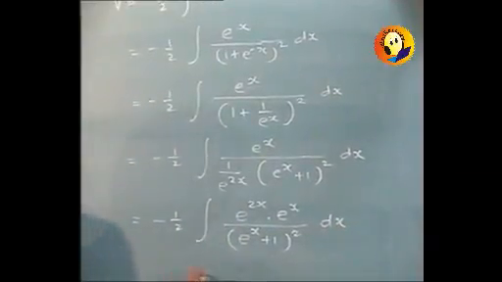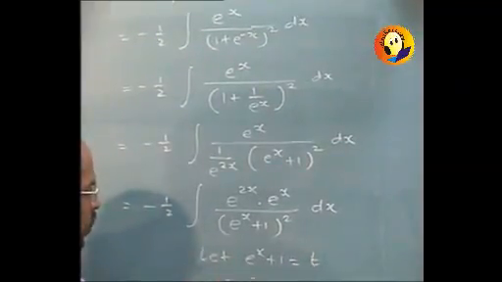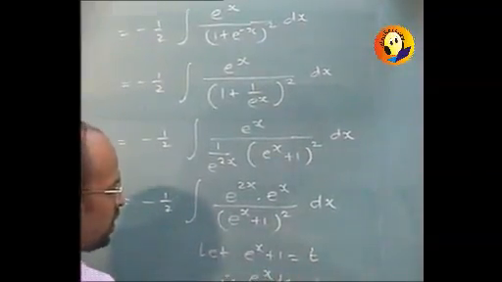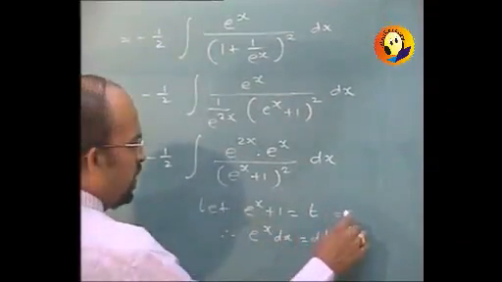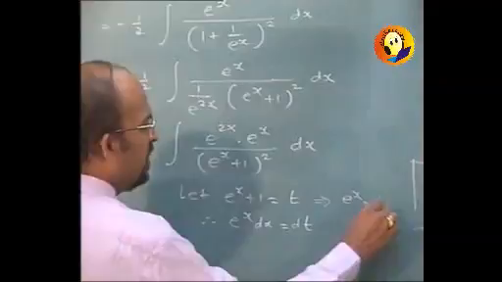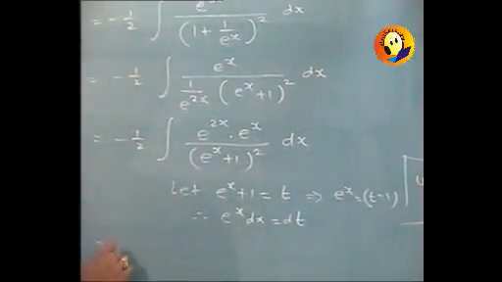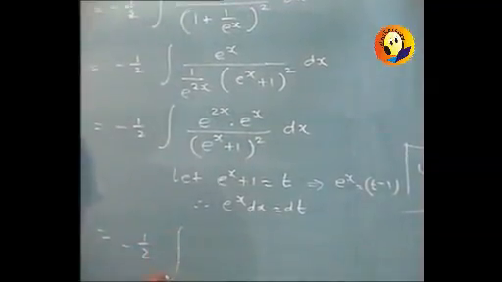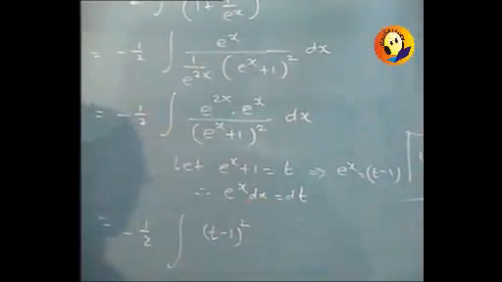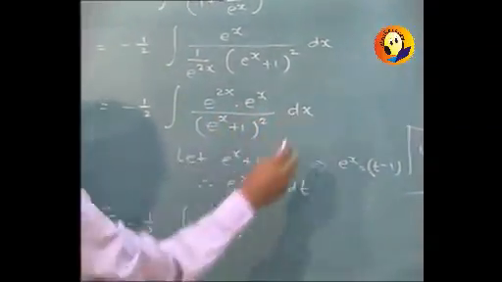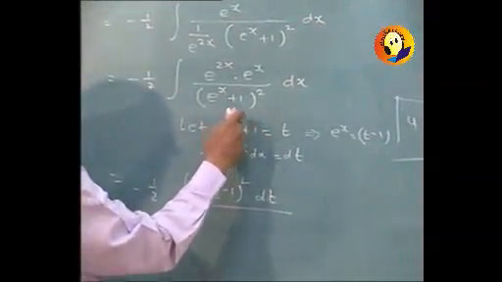Now the substitution is possible. Let e raised to x plus 1 is equal to t. Therefore, e raised to x dx is equal to dt. Of course, the first substitution says that e raised to x is t minus 1, if we take 1 on the other side. And so it will be minus half integral e raised to 2x written as (t minus 1) square, e raised to x dx written as dt, divided by the denominator, which will simply turn out to be t square.